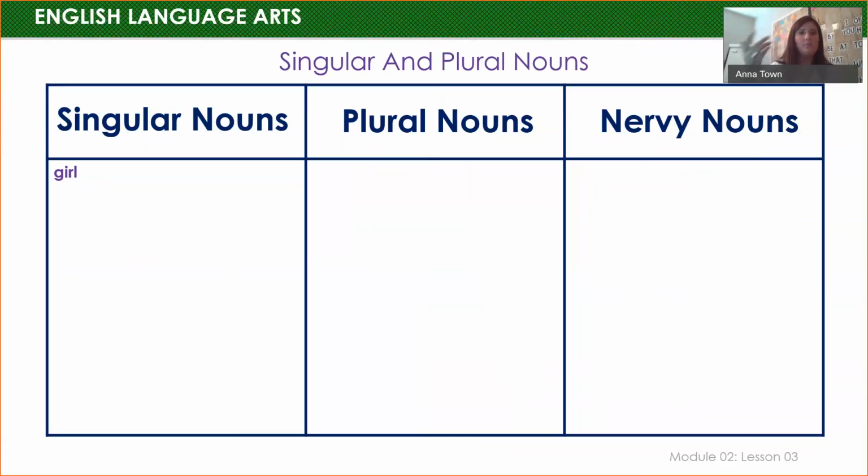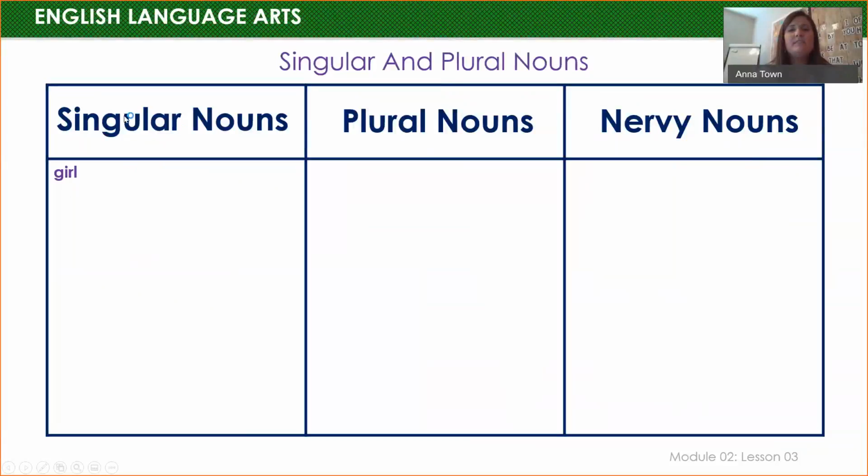Two or more, so more than one. So singular, one person, place, thing, or animal. Plural means two or more people, places, things, or animals. Now they will also end in an S. So if it ends in an S, it most likely means that it is a plural noun, meaning it's more than one.